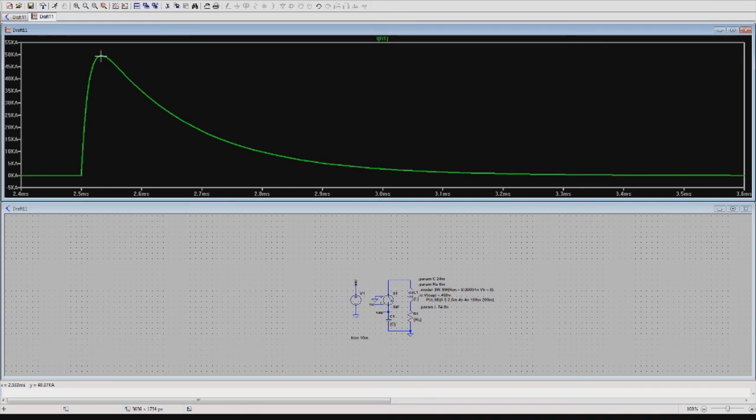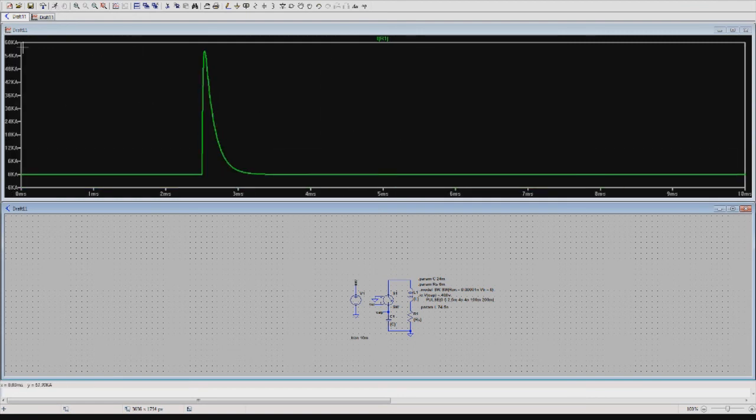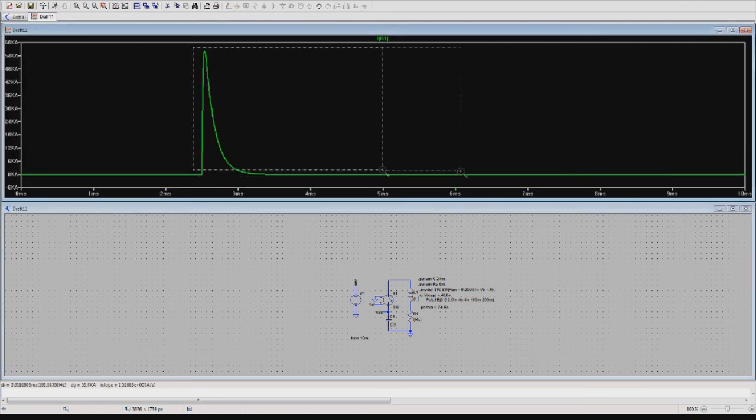It's no longer... wait a second. There's also a series resistance in here, which should not be there. Let's put it at 0 ohms. You can see the current already increased.